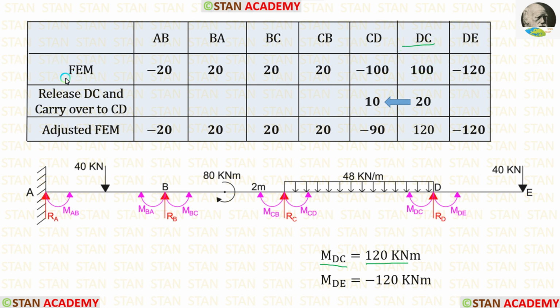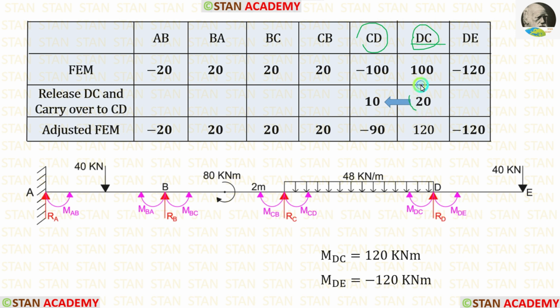For DC, the fixed end moment is 100. When we add 20 with this 100, we will get 120. So we have released DC and we have to give the carryover from DC to CD. The carryover should be done in the same way we did in the moment distribution method.